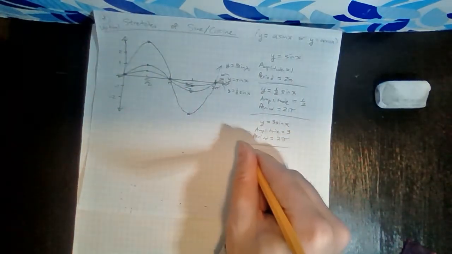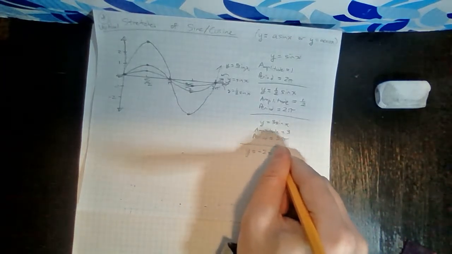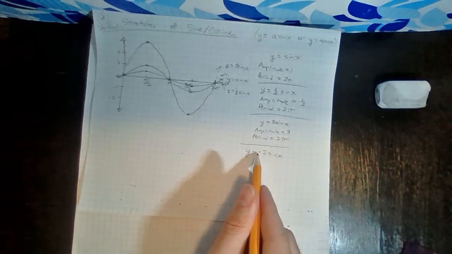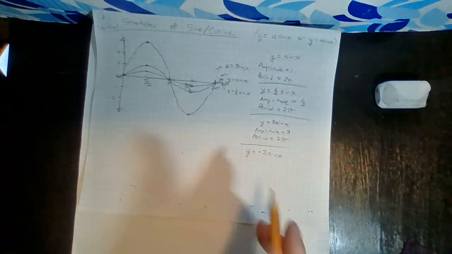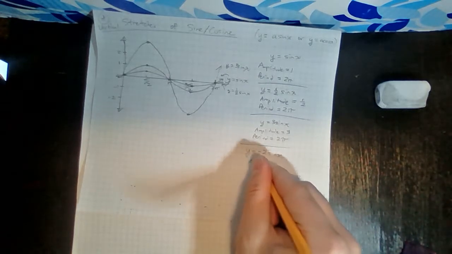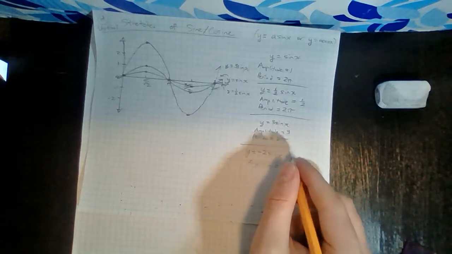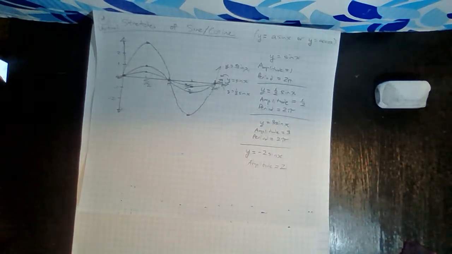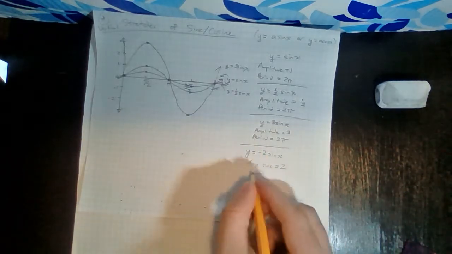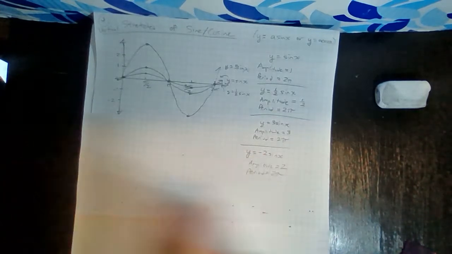And let's throw in a function with a vertical reflection, so a reflection over the x-axis for good measure. So -2, all of our y values get multiplied by -2. The negative doesn't affect our amplitude, but our new amplitude is going to be 2. Our minimum and maximum are both 2 units away from our axis. And our period again stays the same, so it's still going to be 2 pi.